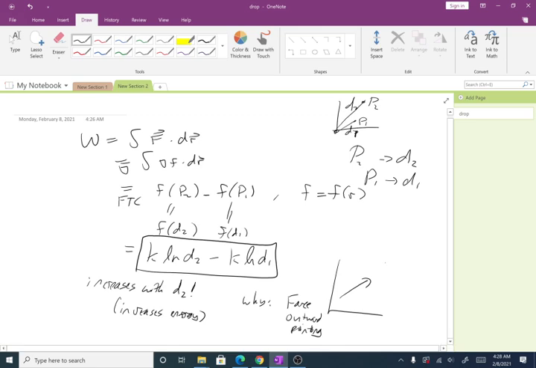And d2 is farther. So the force moves along the displacement. You're increasing energy as a result of this. If P2 were down here and P1 were up here, you would actually be losing energy because you would be going against the force. So this is a sensible result.